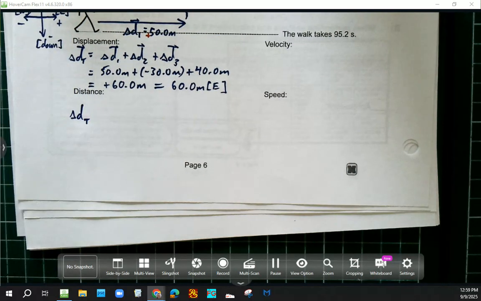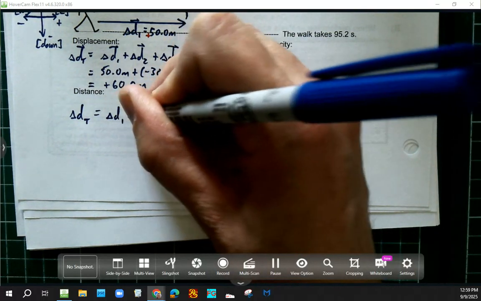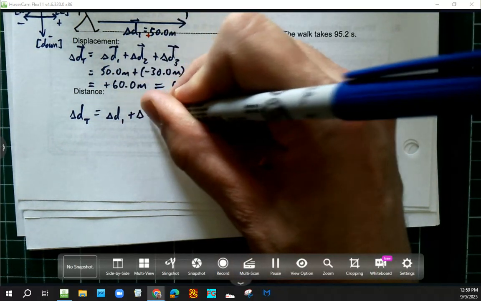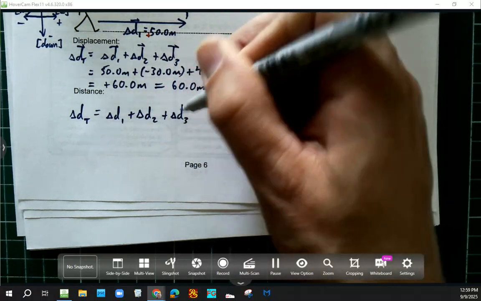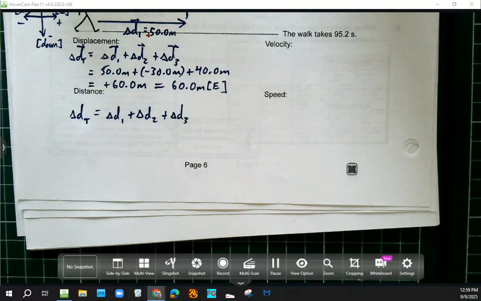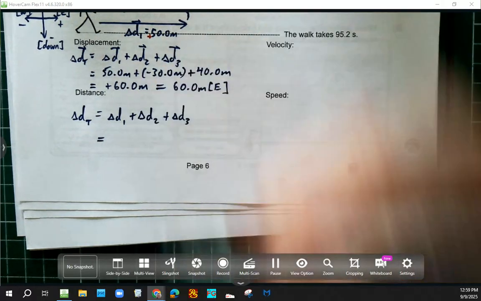So when I go to write the formula, the formula looks almost exactly the same, but all of these d's are missing arrows now. Since they're missing arrows, I don't have to indicate direction, either in my language or with my math.